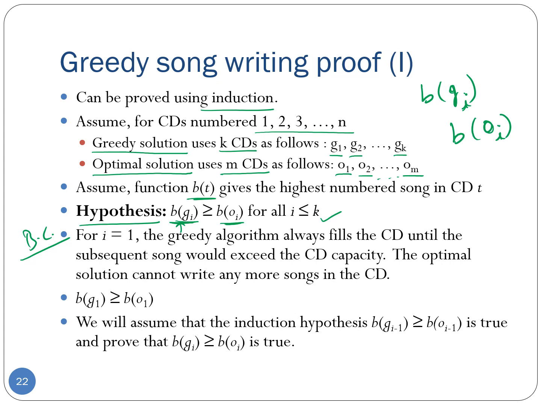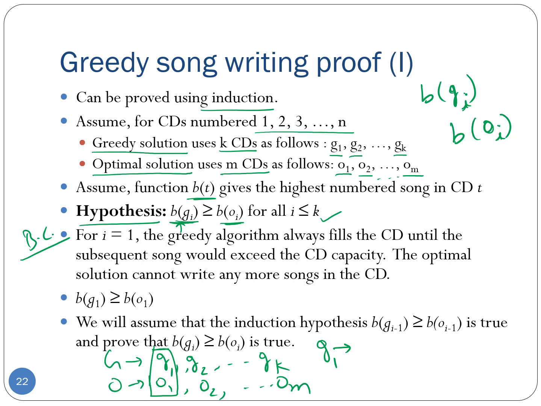So for the first CD, recall that the greedy algorithm produces this sequence G1, G2 and so on up to GK, right? And the optimal algorithm produces O1, O2 and so on up to OM. So for the base case we are just focusing on the first CD here. So recall what the greedy solution would do to fill this CD1.